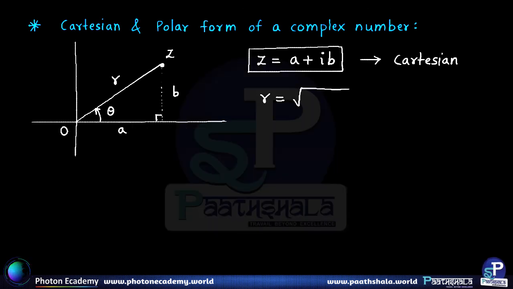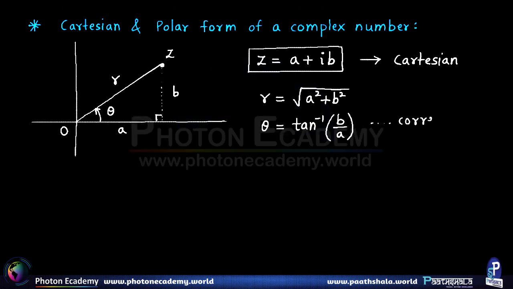So we know that it is nothing but square root of A square plus B square, and theta is nothing but tan inverse of B by A with the correct quadrant. This is to be kept in mind. So therefore this is the way to convert the Cartesian into polar.